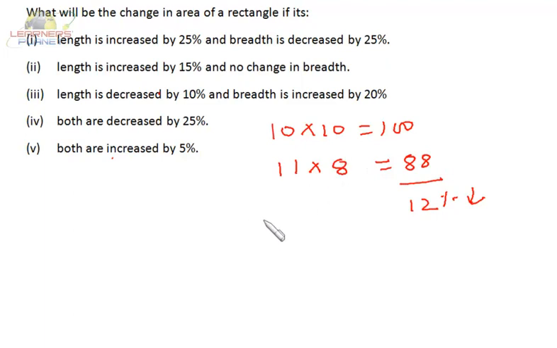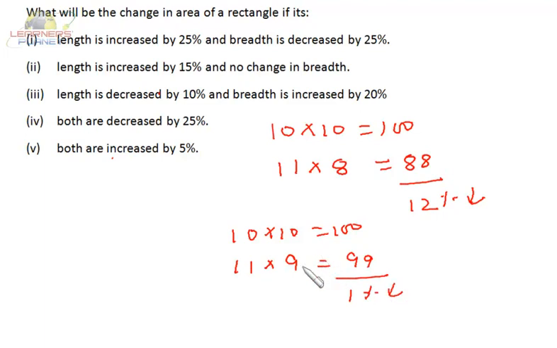Now suppose the area is 100. I'm increasing one quantity by 10% and I'm decreasing the other quantity by 10%. So it's 99. It's 1% decrease.